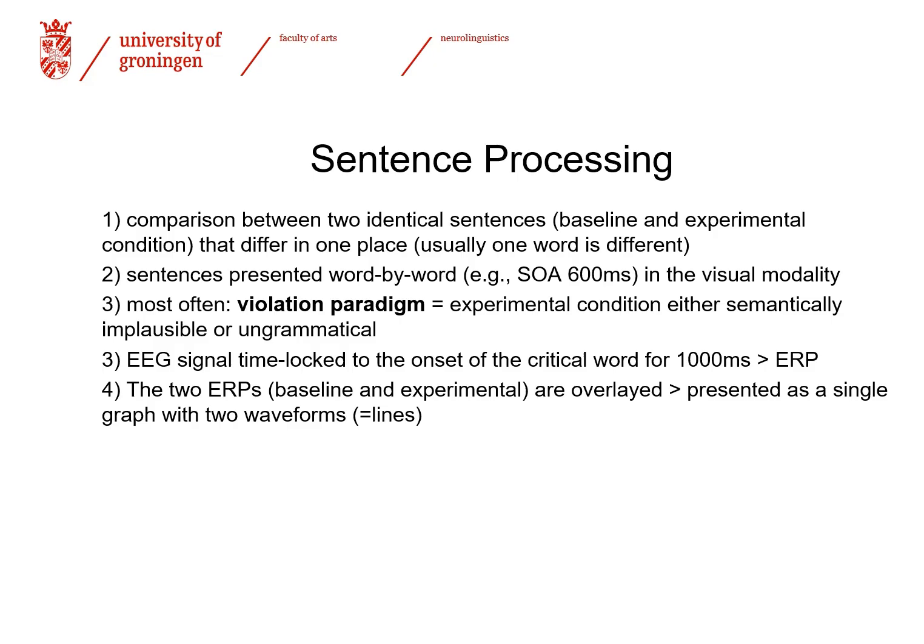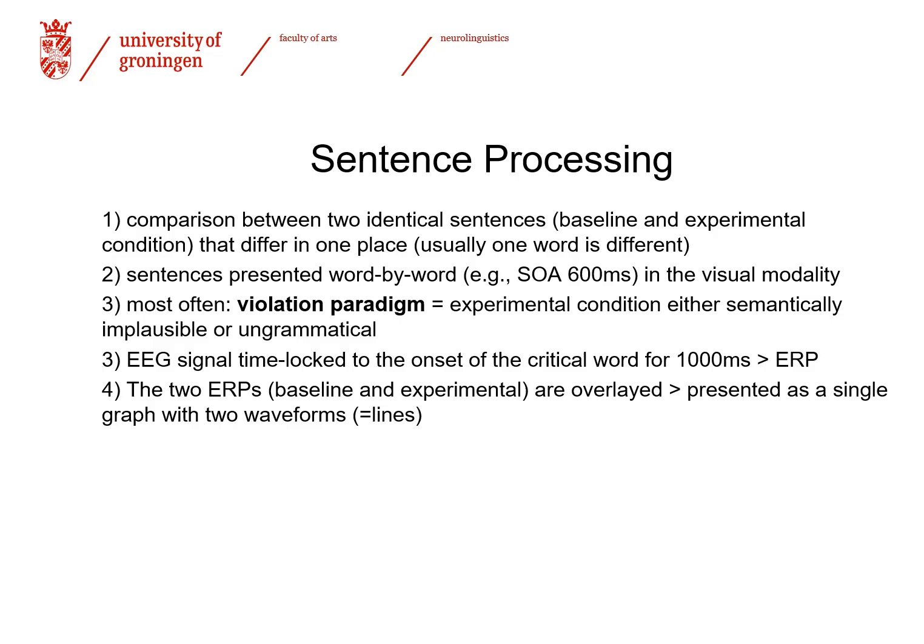So for example, we may have a baseline sentence such as Mary goes to school every day, and then we may have our experimental sentence containing a violation of grammaticality that would be something like Mary go to school every day. So there would be subject-verb disagreement. So that's what I mean by having one small manipulation in the experimental condition, usually at the level of a single word.